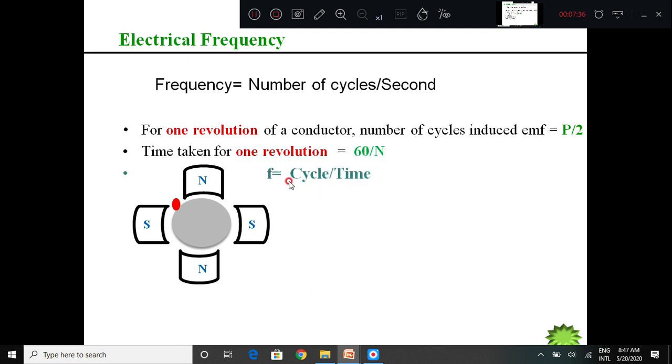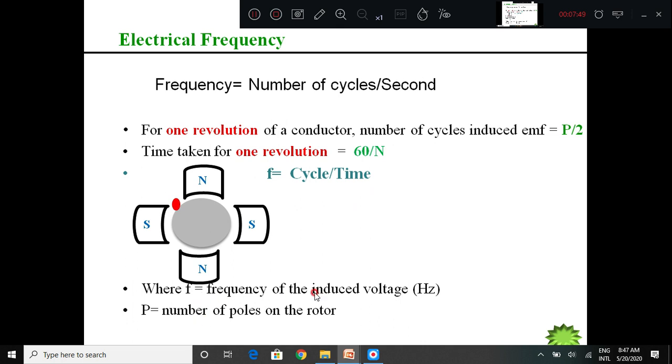So F is equal to cycles by time. The cycles of induced voltage for one revolution is P by 2, and the time is 60 by n. Here F is the frequency and P is the number of poles.